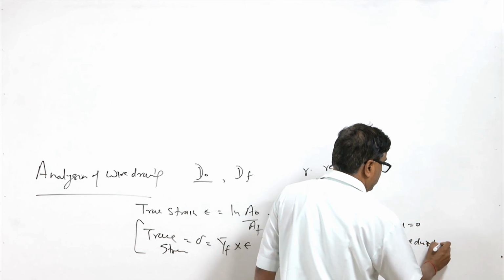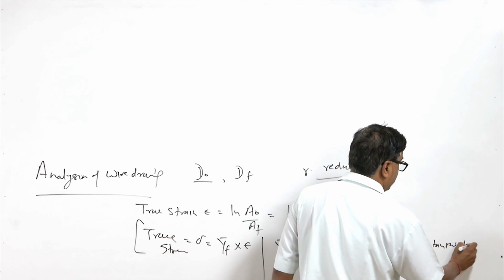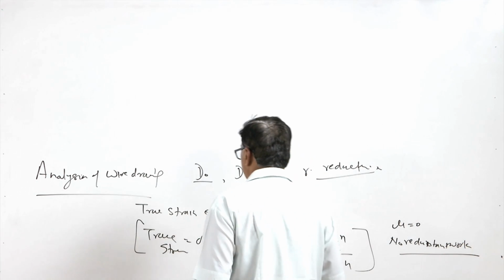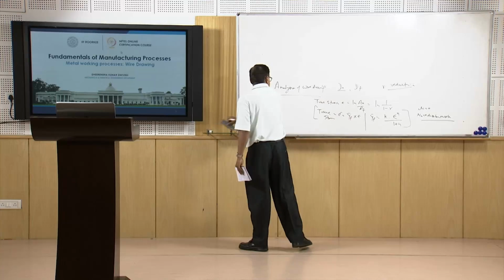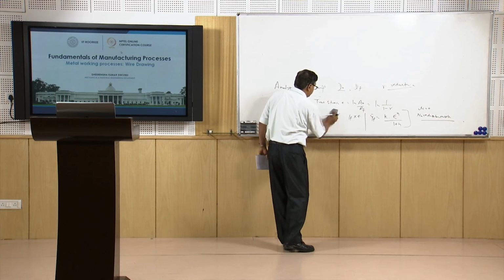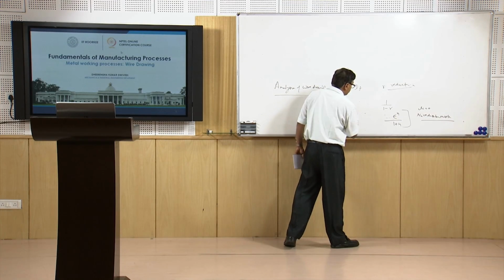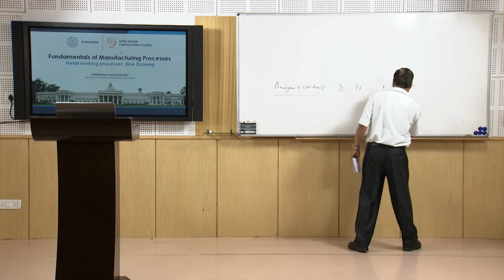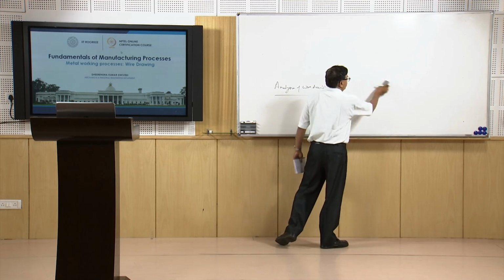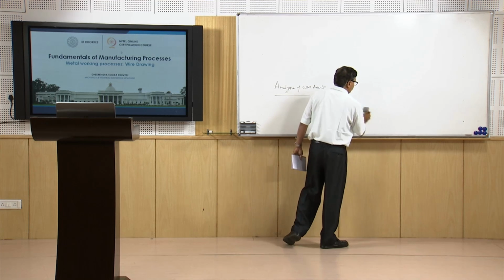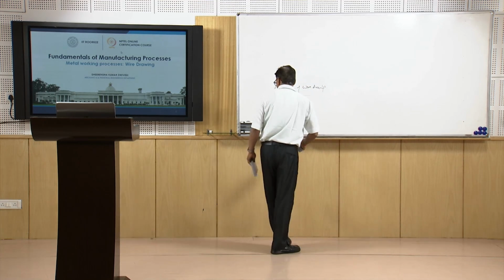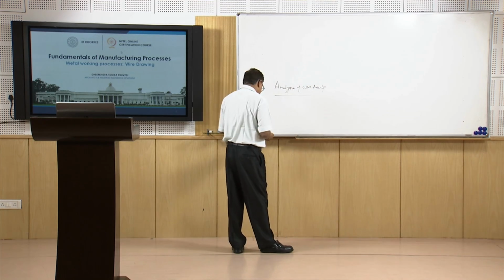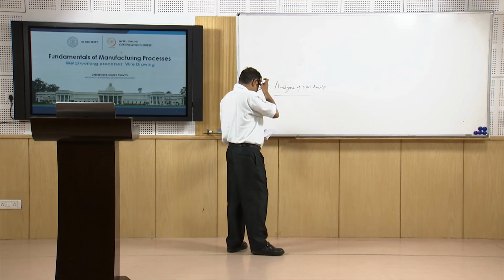Considering that there is redundant work and there is friction, then we need to consider a few more factors, which include the friction coefficient and the redundant deformation geometry.